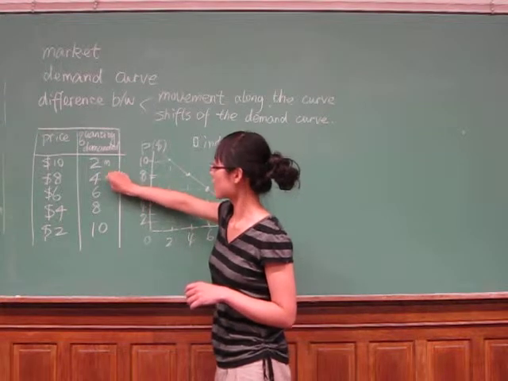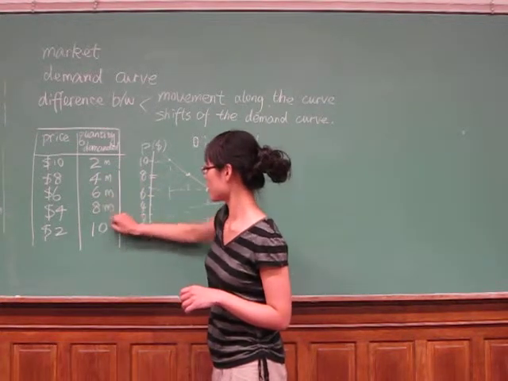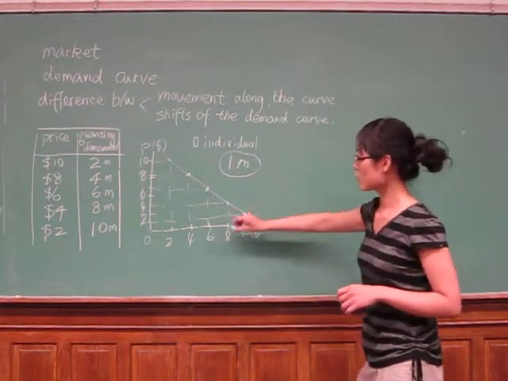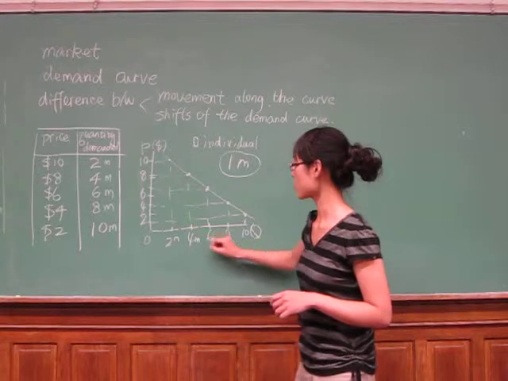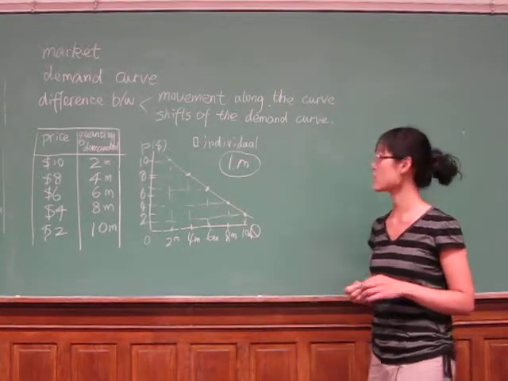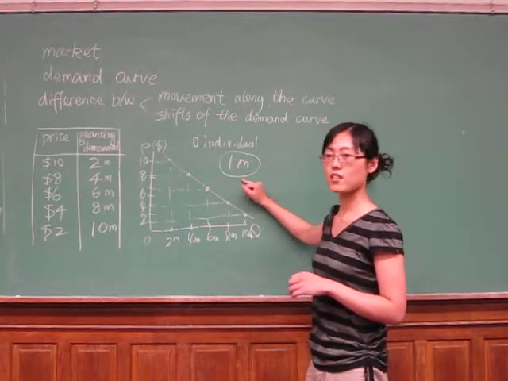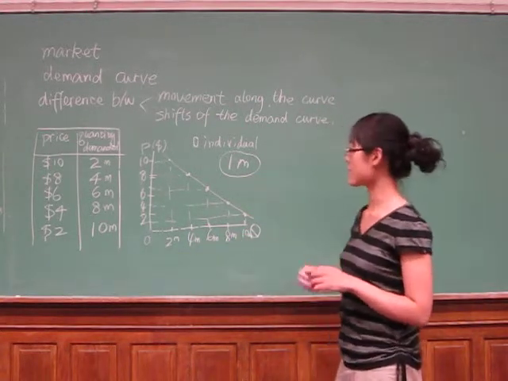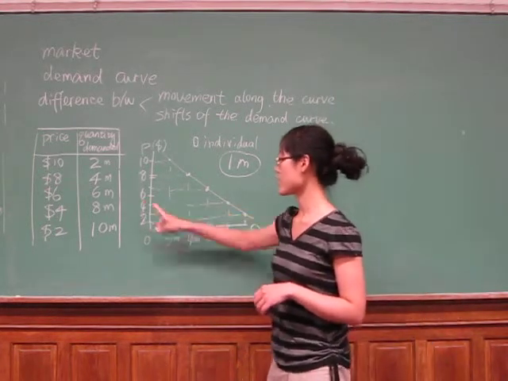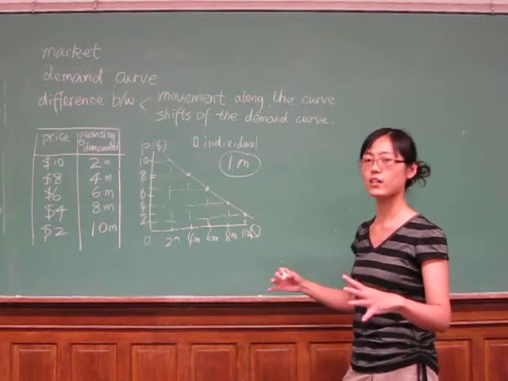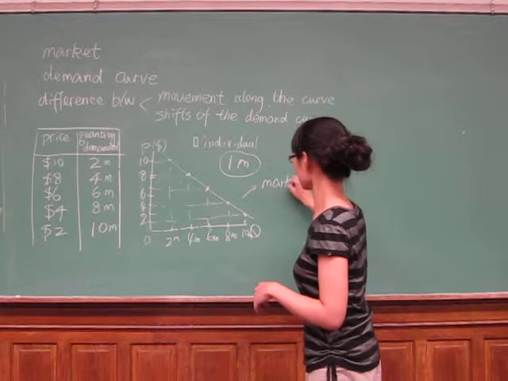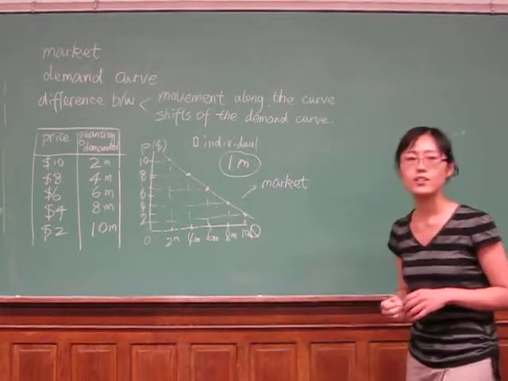And now in the graph, we also multiply the individual demand quantity with the number of people, and then we get this graph. It shows the relationship between price and quantity demanded for the whole market, which is called the market demand curve.